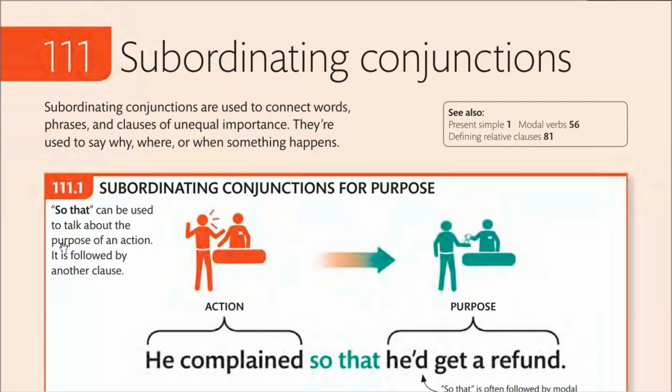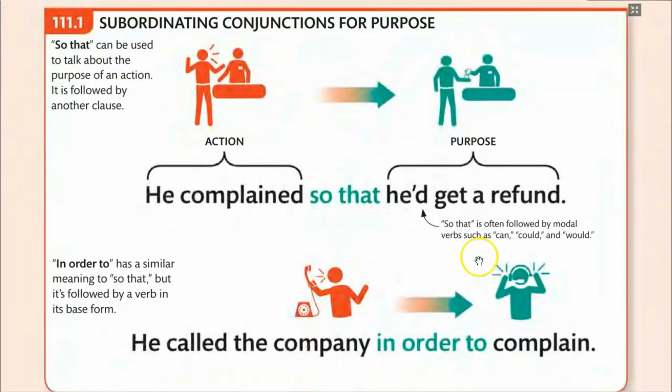Please, that is one of the questions that they ask. He complained so that he would get a refund. So that is often followed by verbs such as can, could, and would.